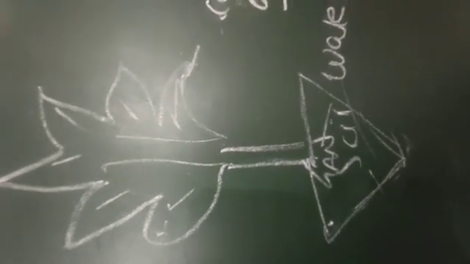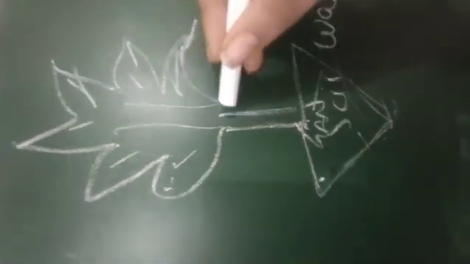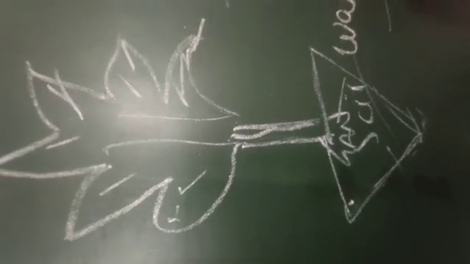Chlorophyll gives green color to all the leaves. Some stems are also green, so photosynthesis occurs on that portion too. Remember that photosynthesis occurs only in the green parts of the plant.